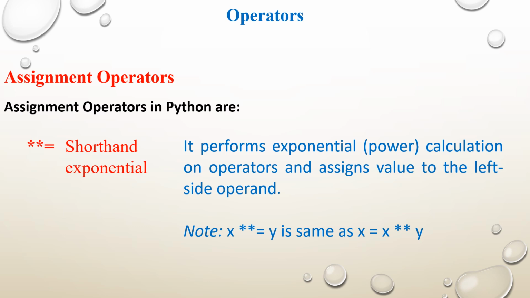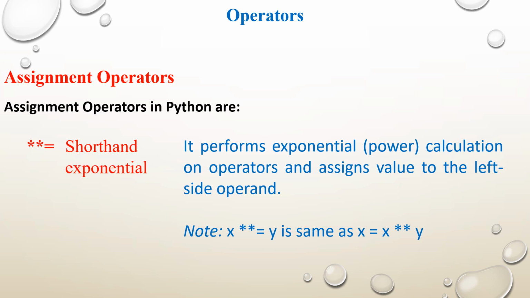Suppose we write x **= y, it is the same as writing x = x ** y. Suppose the x value is 5 and the y value is 2, then it is nothing but 5 raised to 2, that is 5 to the power 2. So this will be equal to 25 and that value will be assigned to the variable x.